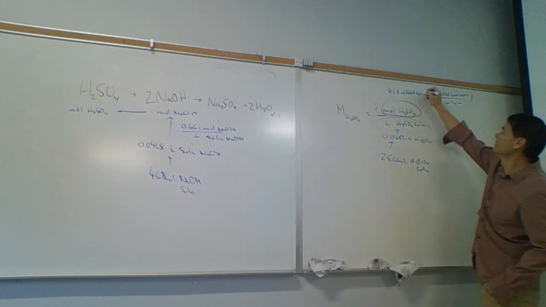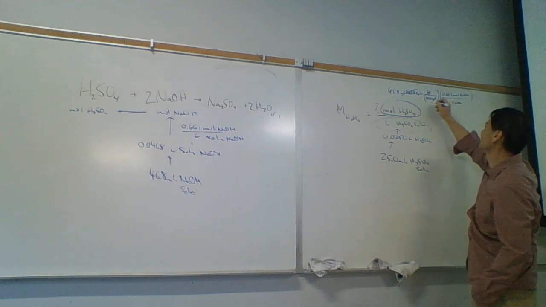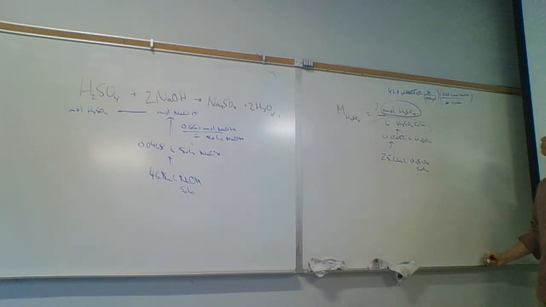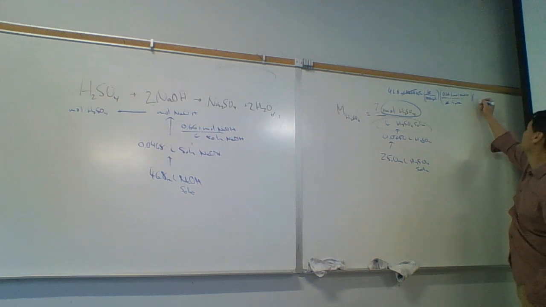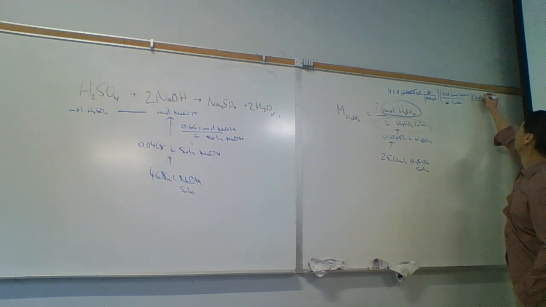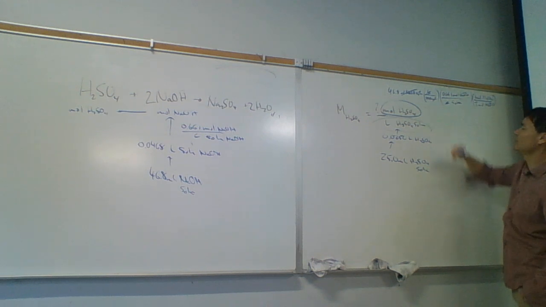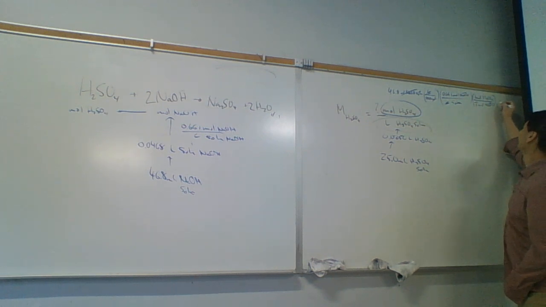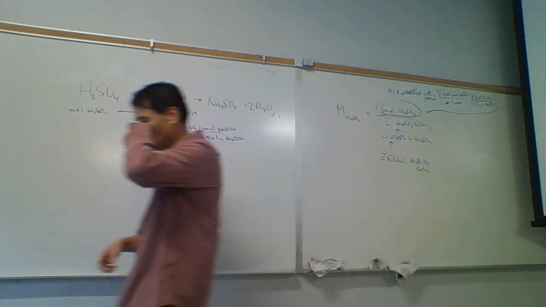So the milliliters cancel, liters cancel, solution cancels. Then once I have moles of pure NaOH, it's a 1:2 ratio. 1 mole of H2SO4 per 2 moles of NaOH. So the moles of NaOH cancel. And then I'm going to get the moles of H2SO4, which I'll plug in on the top here.